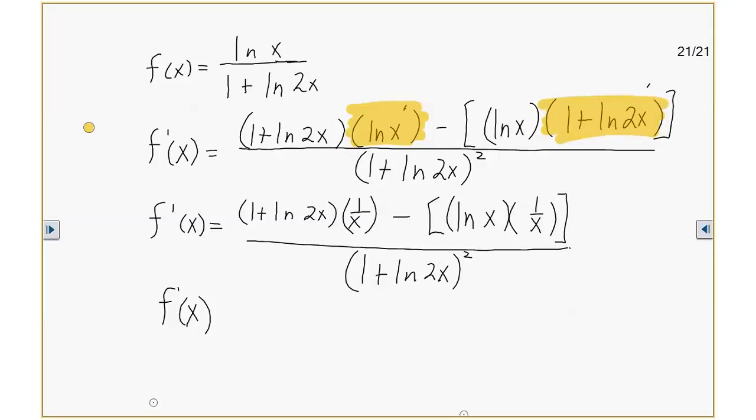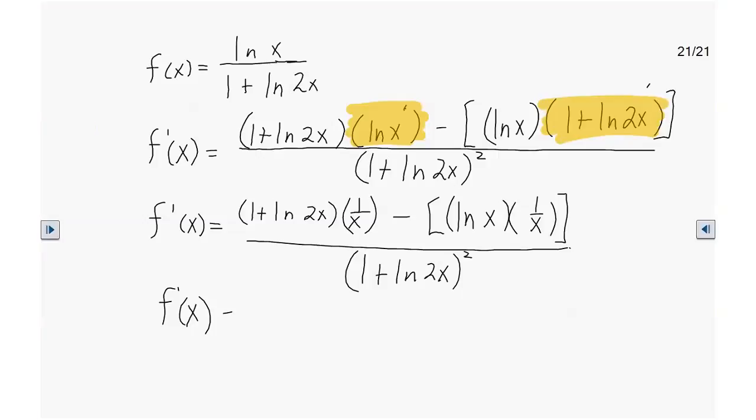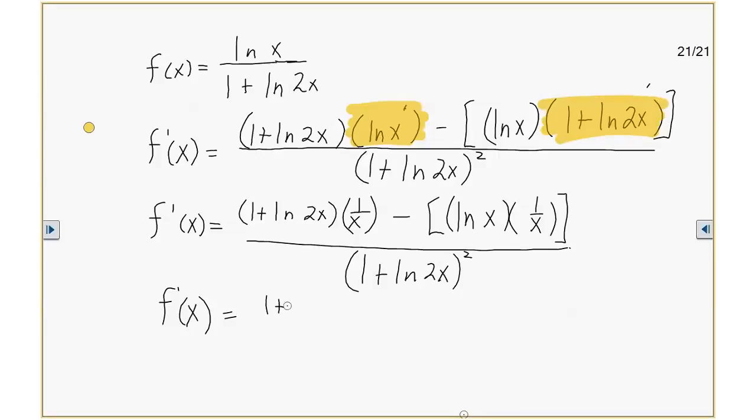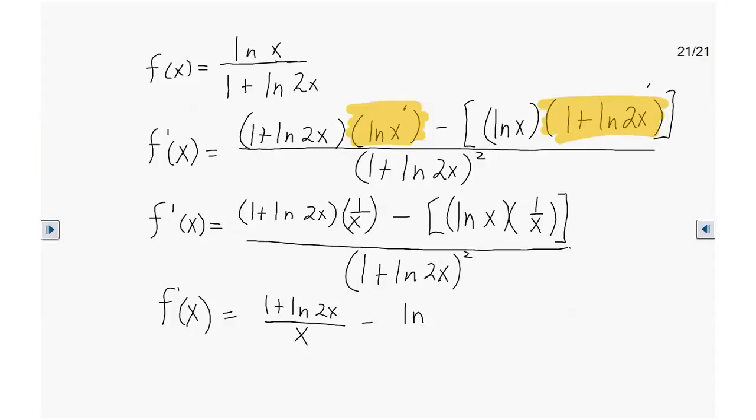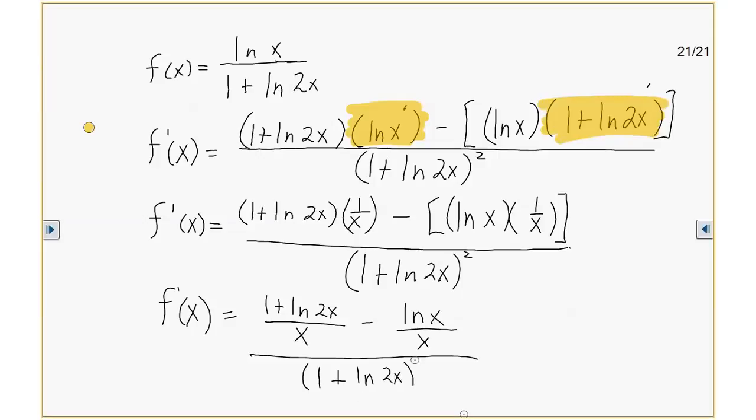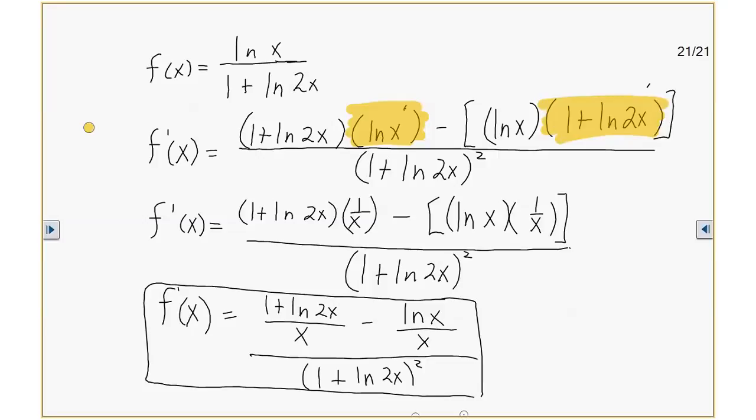F prime of x is equal to 1 plus natural log of 2x over x, minus natural log of x over x, over 1 plus natural log of 2x quantity squared. Now that's the answer, but there's only one other thing you can do, and that's factor out 1 over x up top and maybe multiply by 1 over 1 plus natural log of 2x quantity squared.